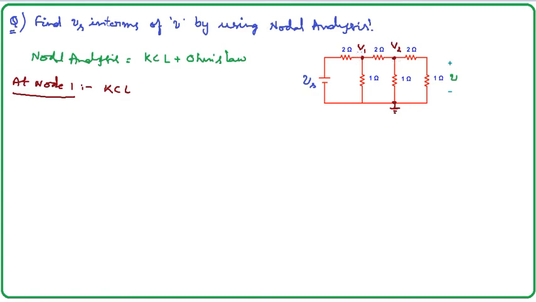That means if I am at node 1, my current would be like this, and like this. According to that I want to write the formula.